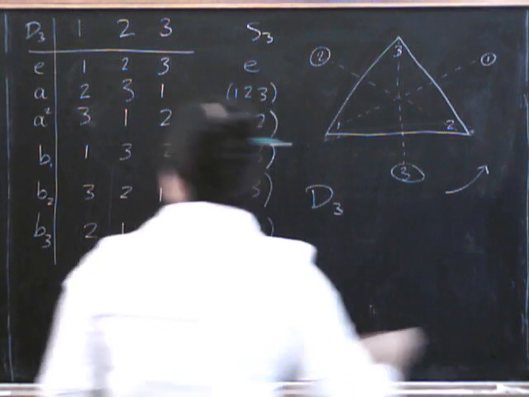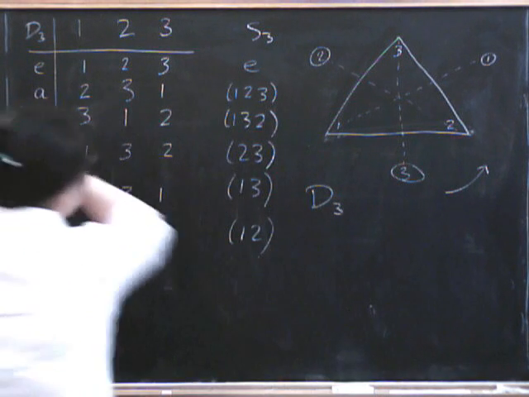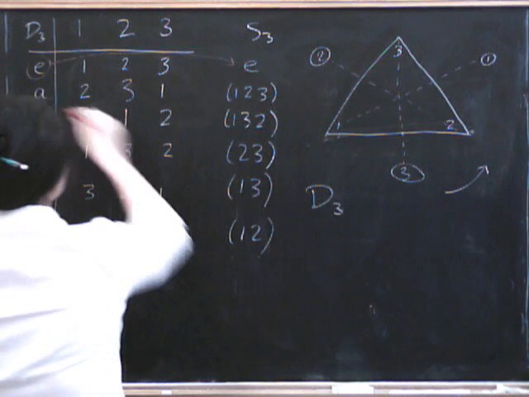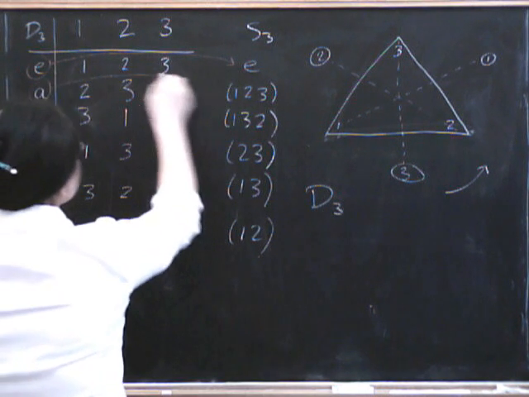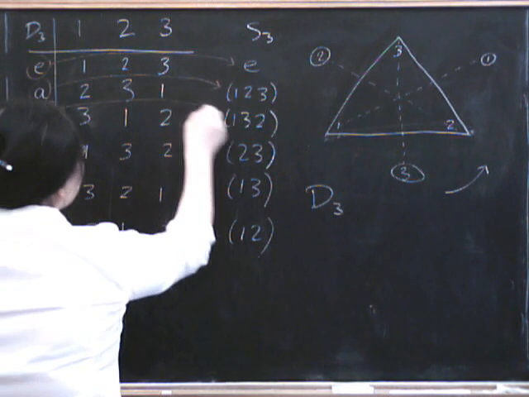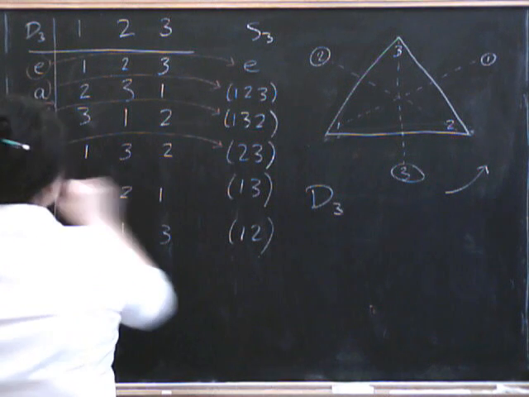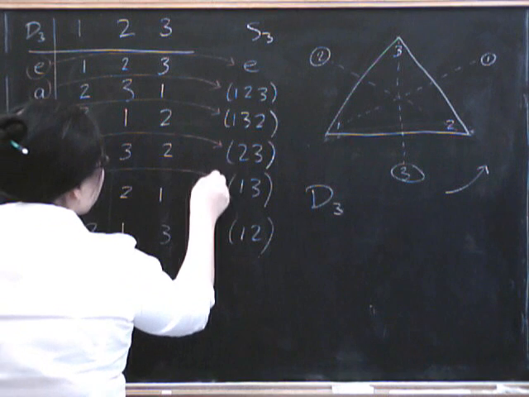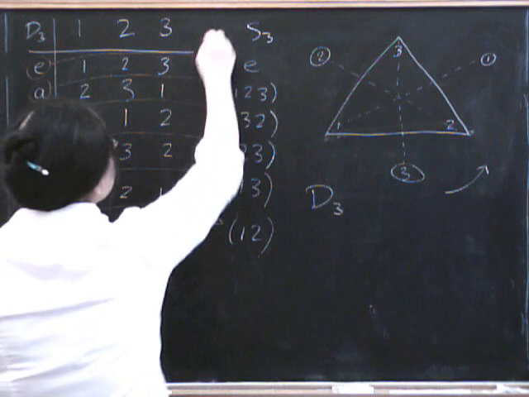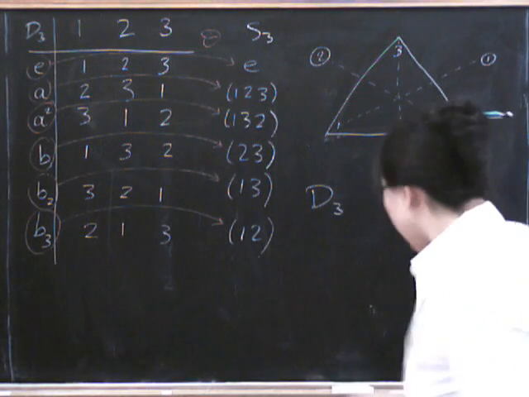So under this map, E goes to E, A goes to (1 2 3), A squared goes to (1 3 2), B1 goes to (2 3), B2 goes to (1 3), and B3 goes to (1 2). So this is a map theta. I hope that red is just about visible.